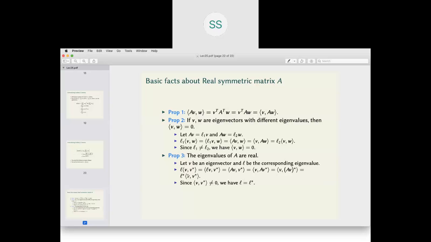And hence, L has to be equal to L star. So the Hermitian of a scalar is nothing but the complex conjugate. So if the complex conjugate is equal to the number itself, that means the number is real. This shows that the eigenvalues are real.